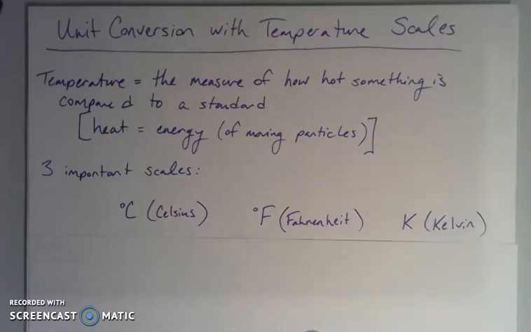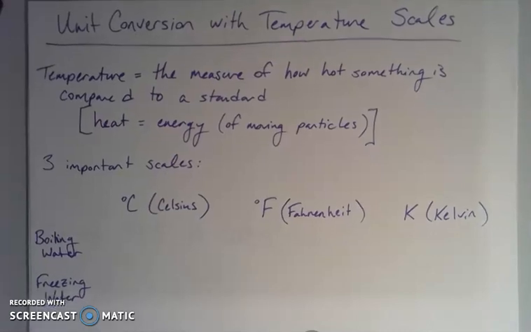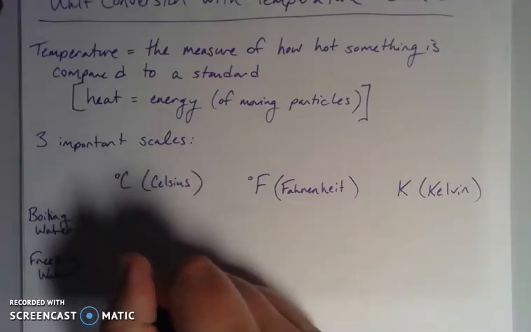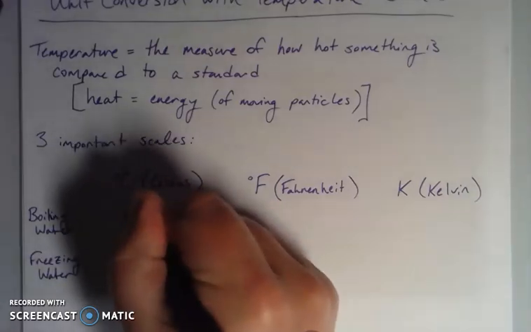So in order to kind of look at these different scales, I think it's important to compare them using water as kind of a metric, because we have experienced water and we interact with water, so we kind of know what it looks like when water boils and freezes. With Celsius, the scale is built around water, and water freezes at 0 and boils at 100.